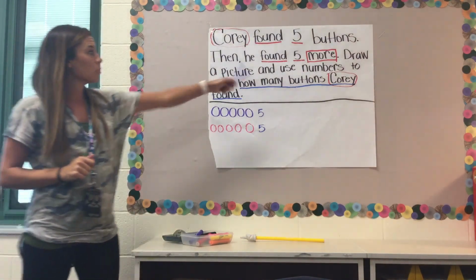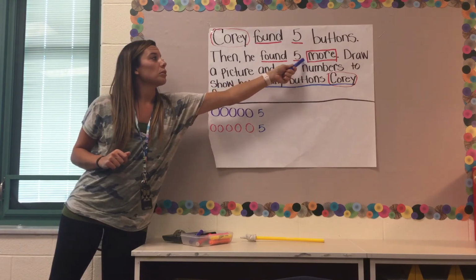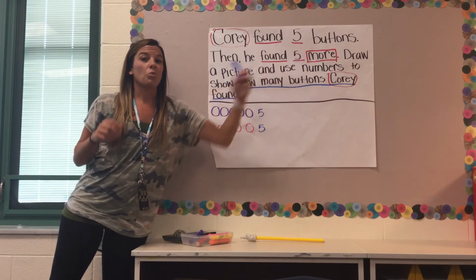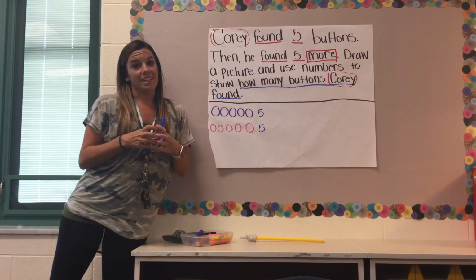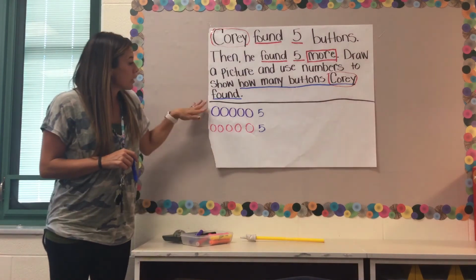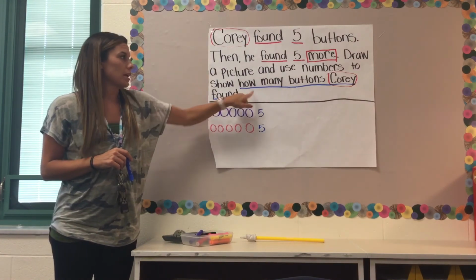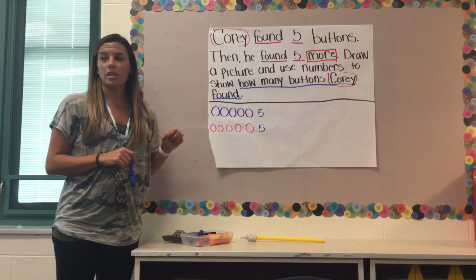Okay, remember that word more I told you is going to give you a clue of how you're going to solve that problem. Whenever you hear the word more or you see the word more, we're going to be adding together. So that means I'm going to count all these circles together to get my answer. Okay, so let's count together.